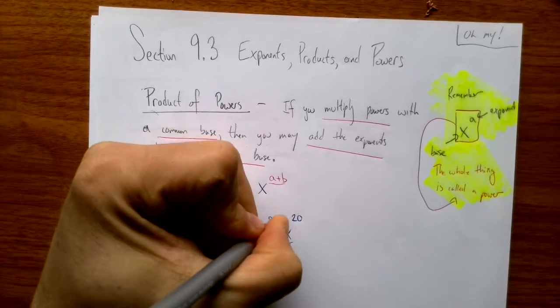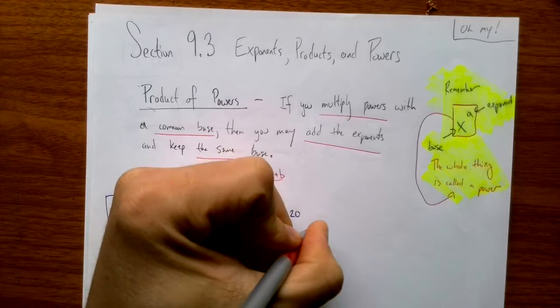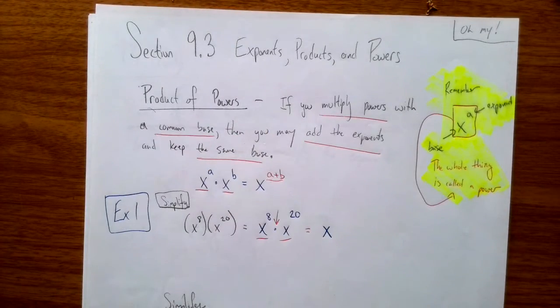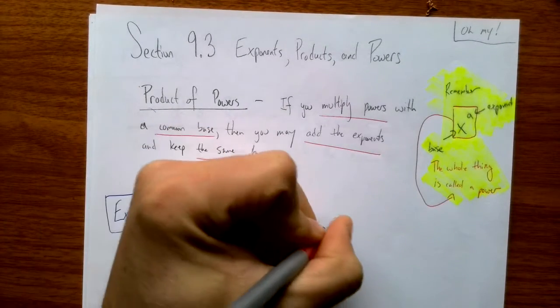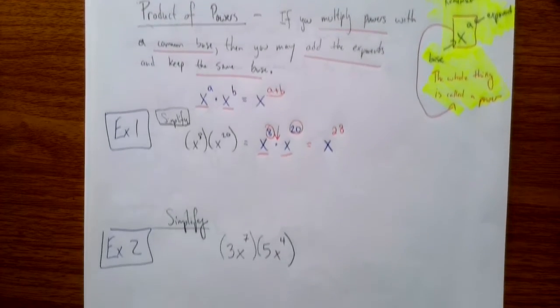We are multiplying these powers together. And so if we're asked to simplify, we're able to add these exponents together to get 28. Powers with a common base, add the exponents, keep the base the same. x to the power of 28 is our answer.